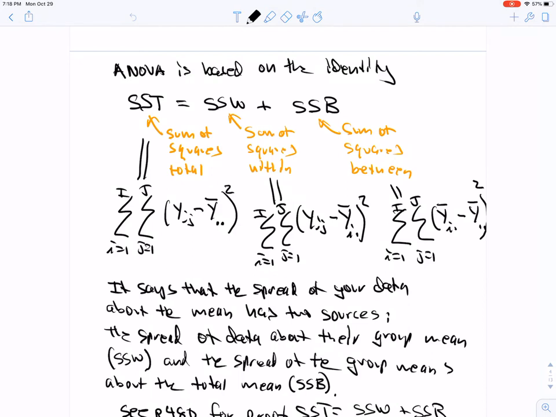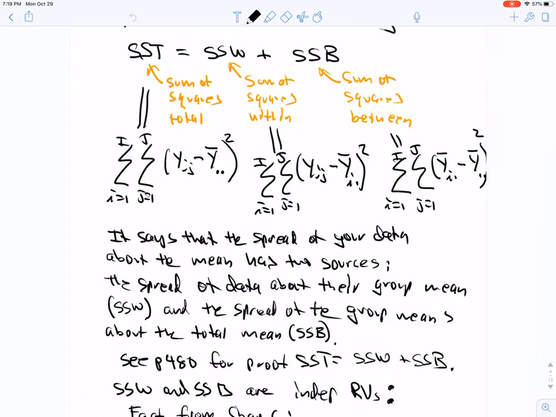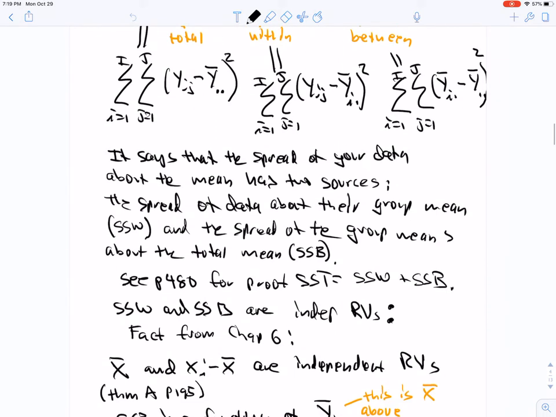And the sum of squares between, you're taking the differences between the row averages and the total average, so the row averages and the average of the row averages. So this says that the spread of your data about the mean has 2 sources: the spread of data about their group mean and the spread of the group means about the total mean.